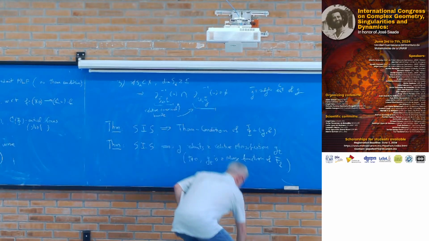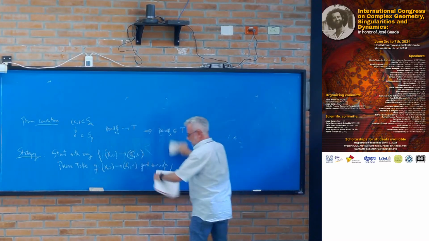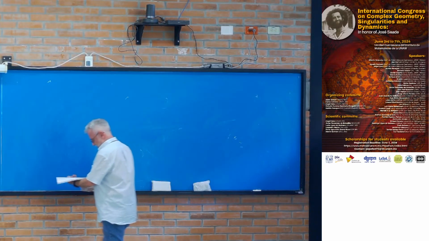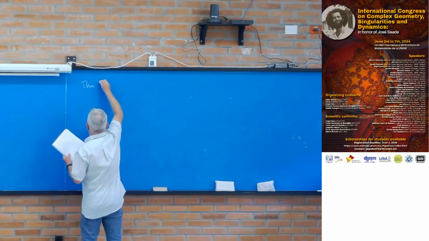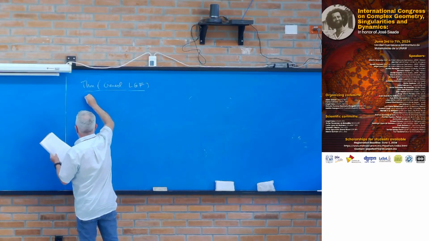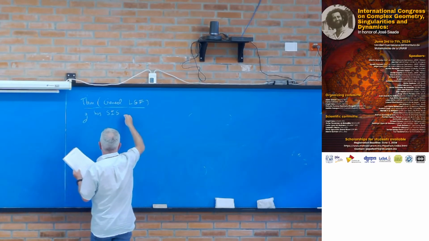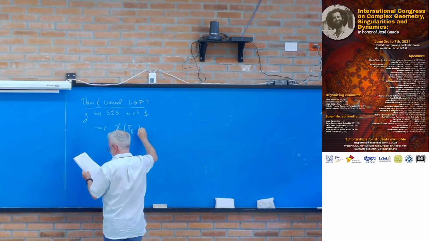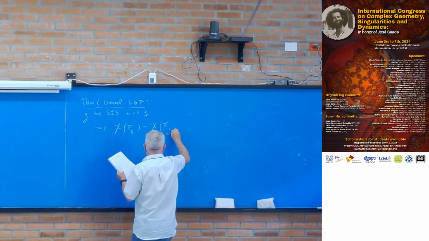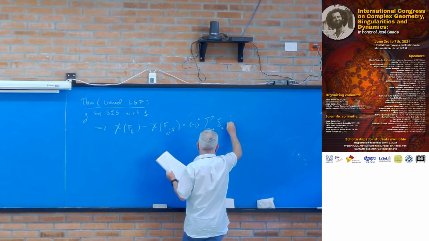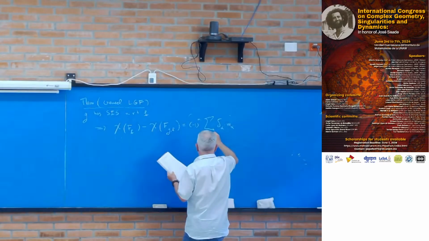And finally, the main theorem, which is the general Lê-Greuel formula, is that if G has a strongly isolated singularity with respect to F, then the Euler characteristic of the fiber of F minus the Euler characteristic of the fiber of the pair is equal to minus 1 to the power n times the sum of delta alpha times m alpha for all alpha.